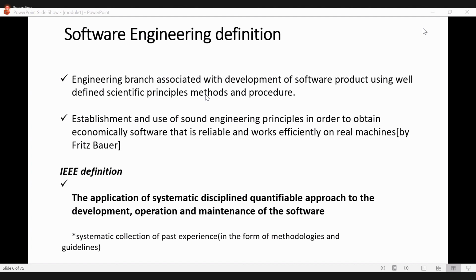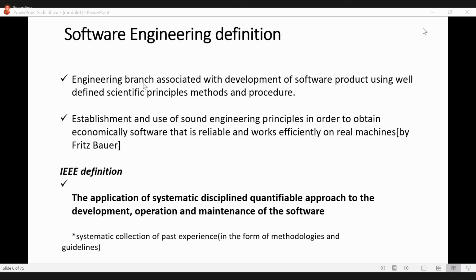The application of a systematic, disciplined, quantifiable approach to the development, operation, and maintenance of software. Is it clear? But if you know both terms, what is software and what is engineering, you could define it this way: the engineering branch associated with development of software products using well-defined principles.